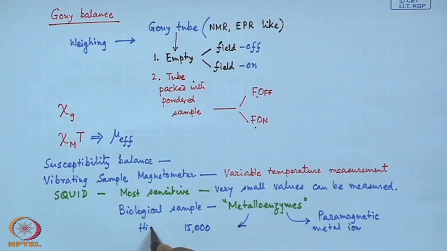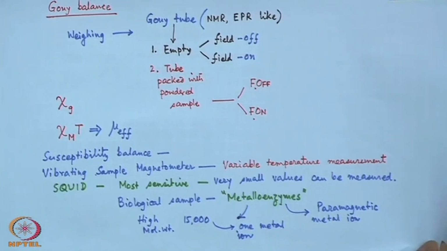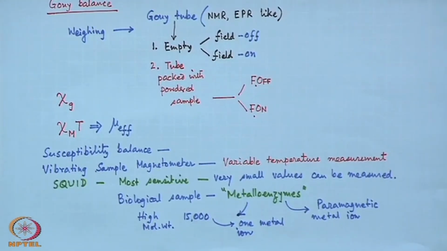So, it has a high molecular weight with, say, one metal ion which is paramagnetic. The presence of this one metal ion within this huge biological molecule makes measurement of its susceptibility definitely a difficult task.